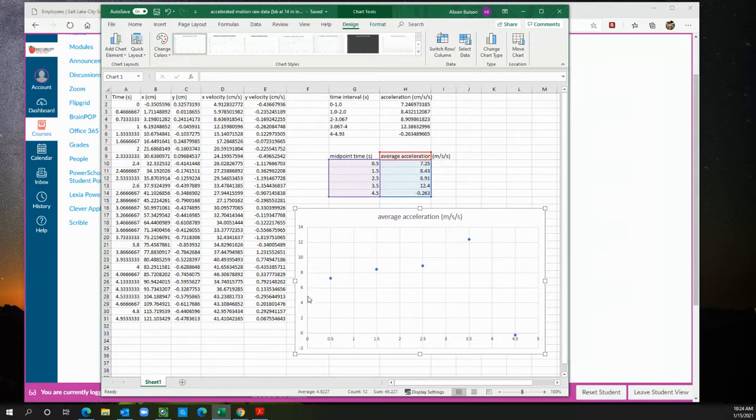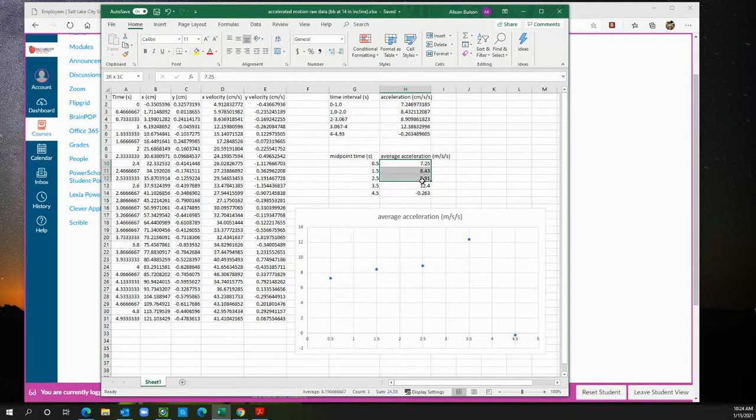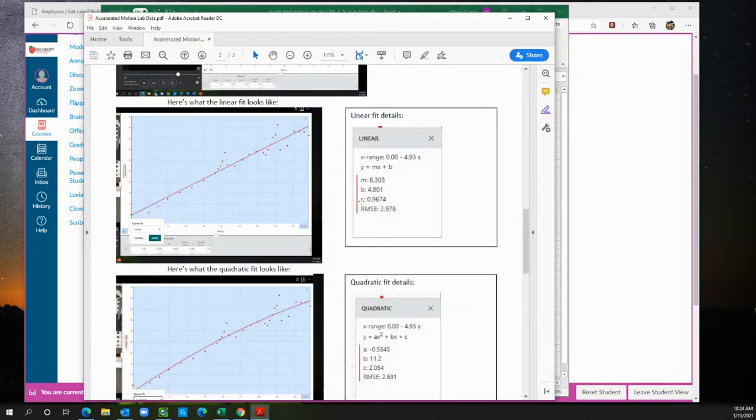So what this looks like is maybe acceleration actually increased for most of the time the ball was rolling, and then decreased to 0. Somehow at the end of the track, the ball seems to have stopped accelerating. However, if I look at these average acceleration values, I'm betting that if I took the average of these 5 values, I would get something pretty close to 8.303 centimeters per second.